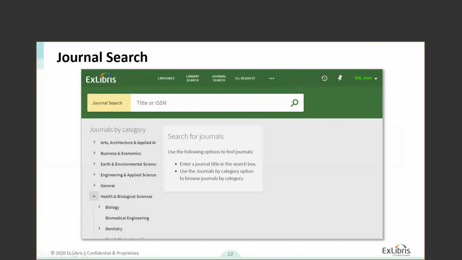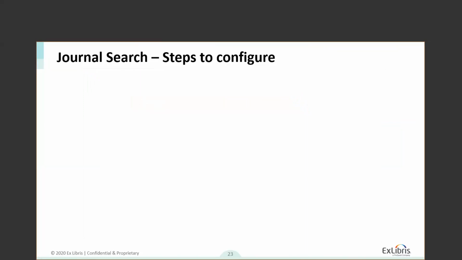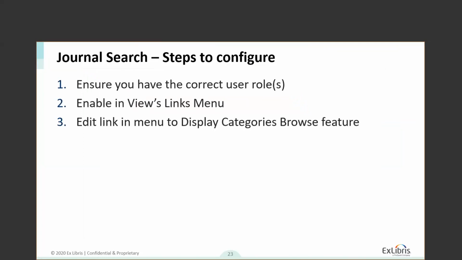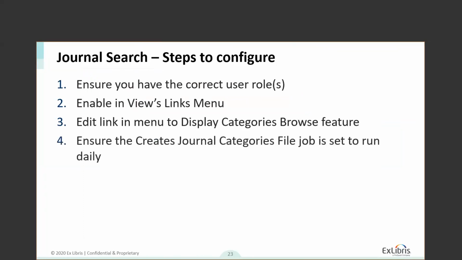And this is meant to replace the A to Z journal feature. So to configure this, you need to have the correct user role, enable it in the links menu. You need to edit the link in the menu to display category browse if you want to have that browse feature enabled. And there is a job that runs that will check all of your journals for the 050 subfield A and make the sorting based on what's in that field.